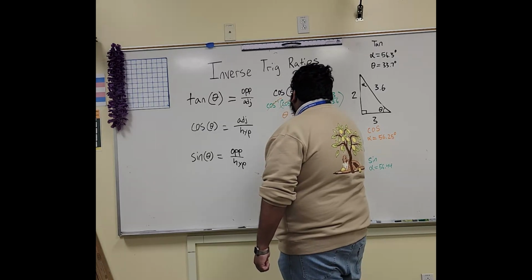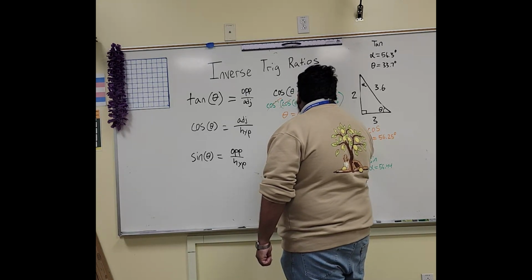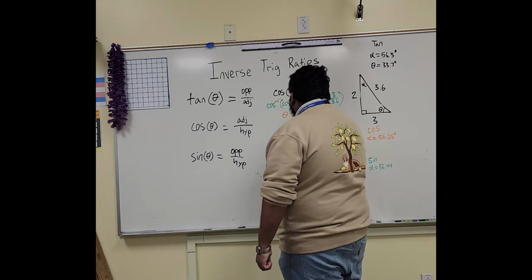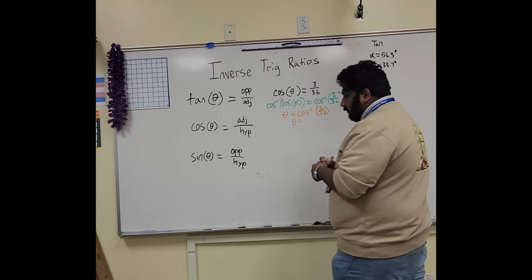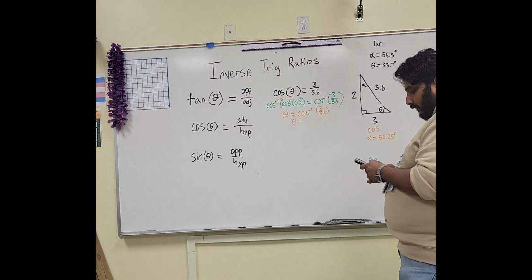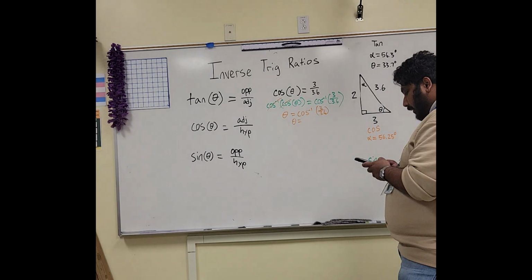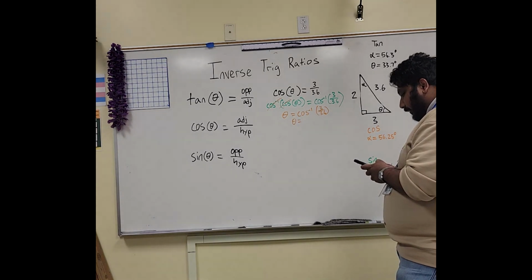Theta is going to be equal to inverse cosine of 3 over 3.6. We're going to plug into our calculator. Remember, you're going to press second, then cosine, and 3 divided by 3.6.